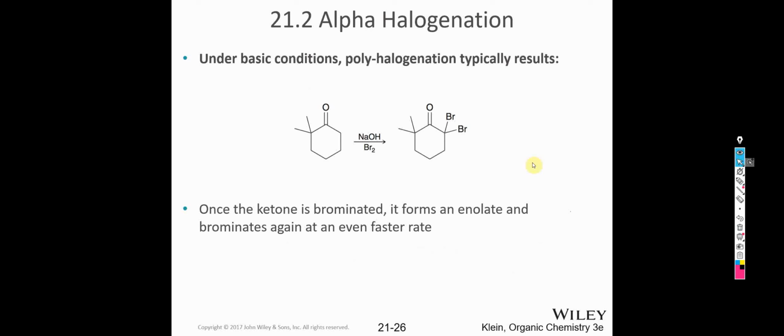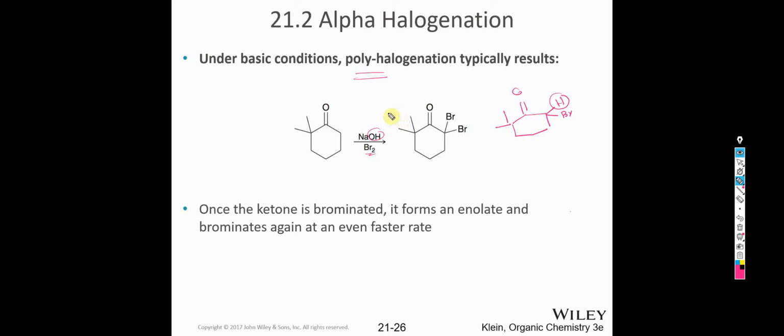Okay, so under basic conditions, the only thing that you will run into, which is a problem, is there is going to be polyhalogenation, right? And the reason for that is, once you get monobromination on the alpha carbon, once you get this molecule, the second hydrogen is going to be even more acidic, and the base will be able to take this off even more easily than from this reactant, and therefore this now becomes an even better electron donor to the electrophile in the medium.